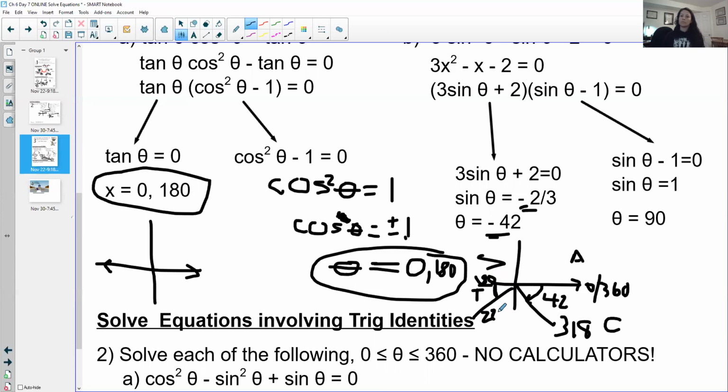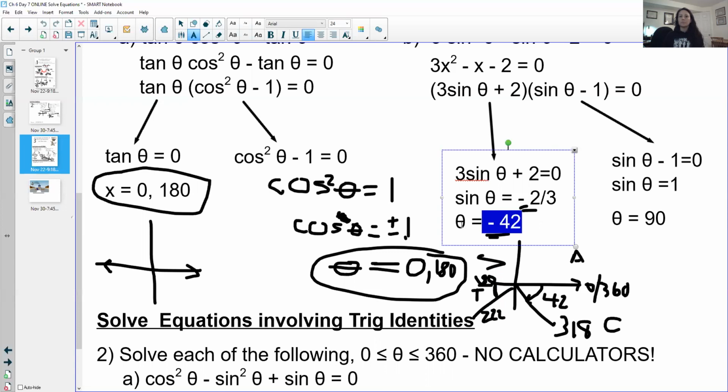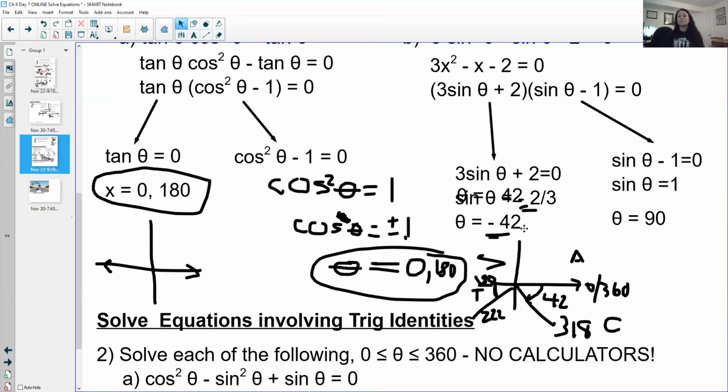222 degrees. Okay, so for this guy, let's just do this. I'm running out of room. There we go. So theta would then be, we had 222 and 318.